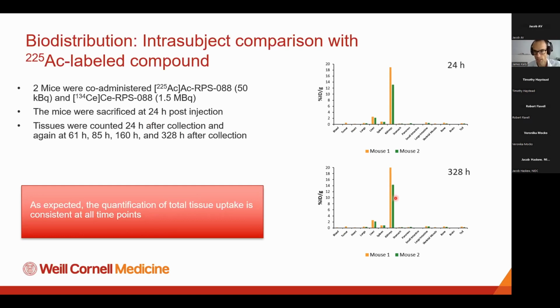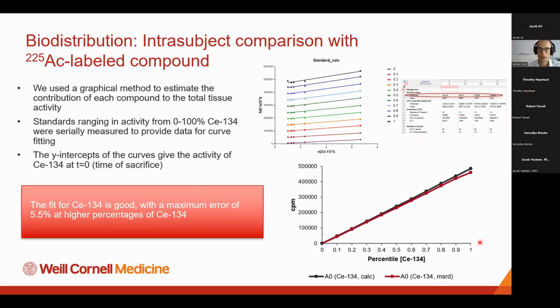So the kidneys are slightly different, but not significantly so, and all the other tissues look identical between the two mice. What we're really interested in doing is seeing whether it's actually possible to discriminate between or distinguish between perhaps the contribution of cerium and the contribution of actinium to this particular tissue activity.